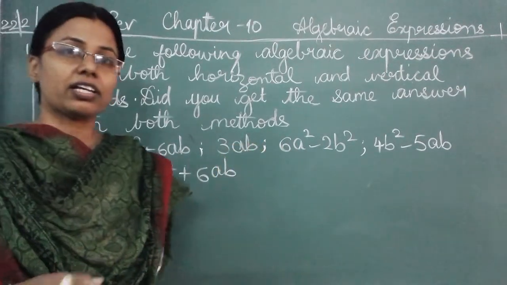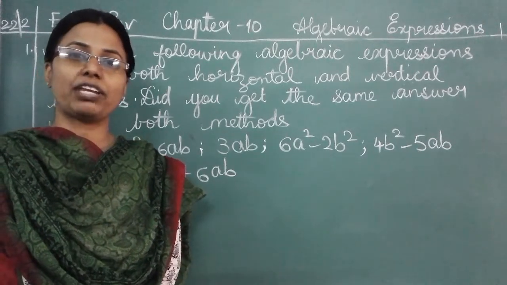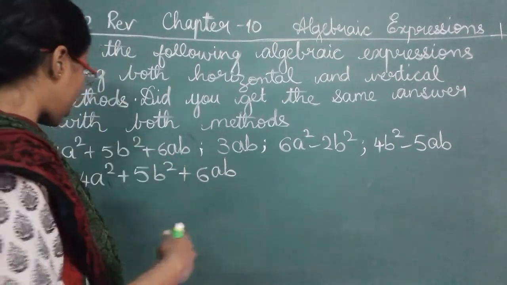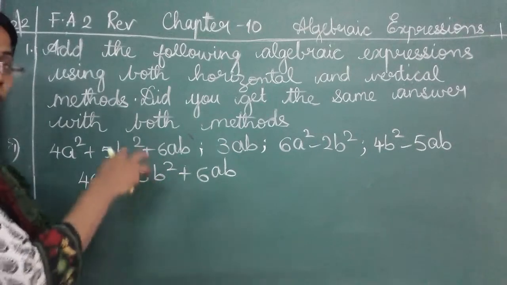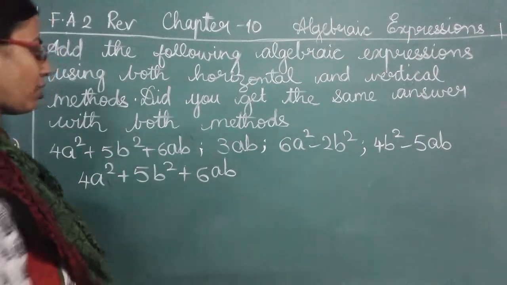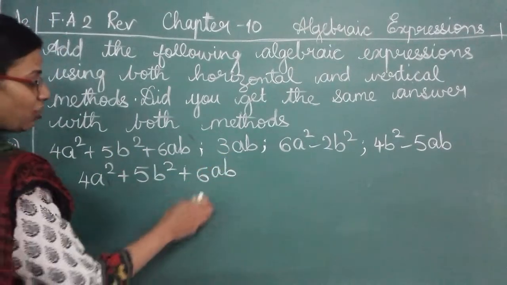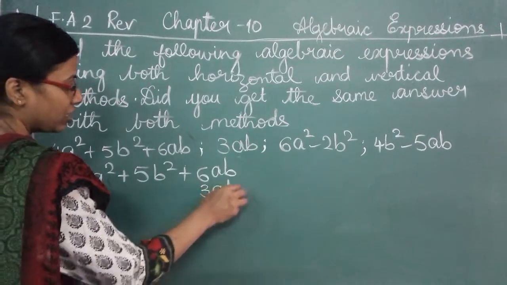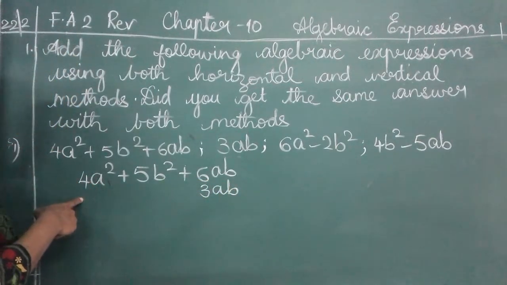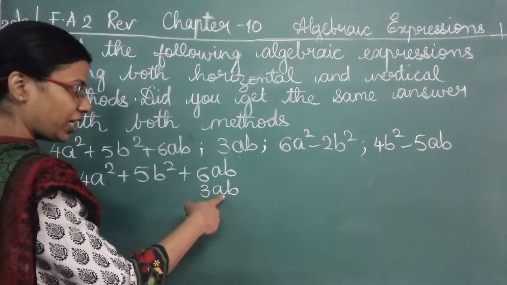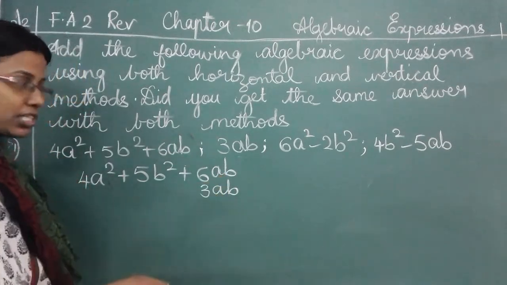You have to check the variables. Is it AB variable or is it x square or y square? A square or b square? What is the variable? According to that you have to write. So here in the second one they gave 3AB. So I am not going to write 3AB over here. I am going to write 3AB where AB term is there.